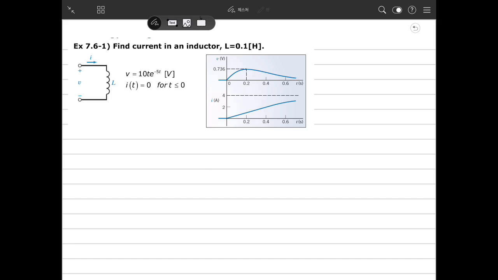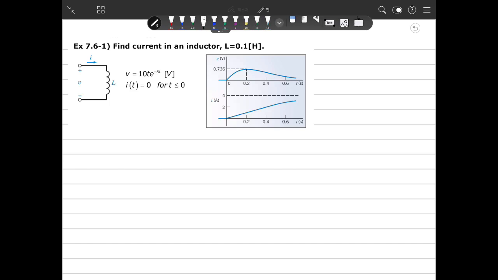We need to find the current in the inductor when the inductance is 0.1 henry. Actually, 0.1 henry is a very large value, but this is just the value used for simple calculation.